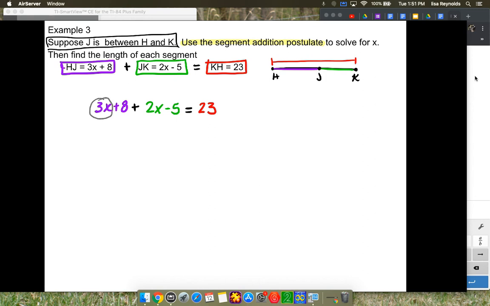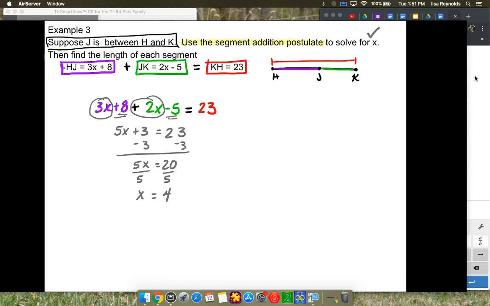So 3x plus 2x is 5x. 8 minus 5 is positive 3 equals 23. We're going to subtract the 3. 5x equals 20. We're going to divide by the 5, and x equals 4.